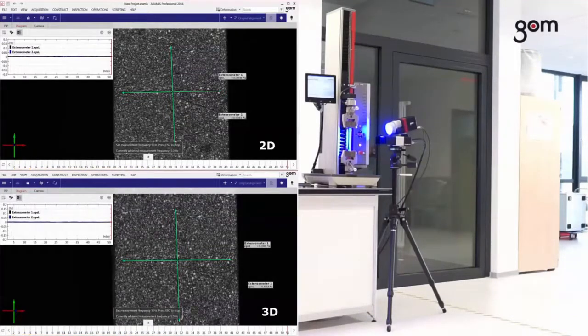I constructed two extensometers to show the longitudinal and transverse strain in the GOM Correlate software. As long as the measuring system is not interfered with, both show the same.